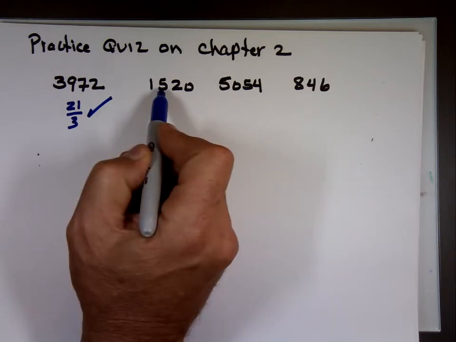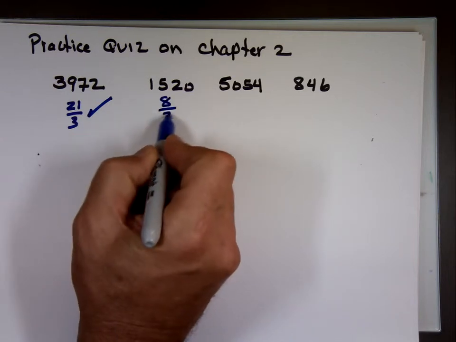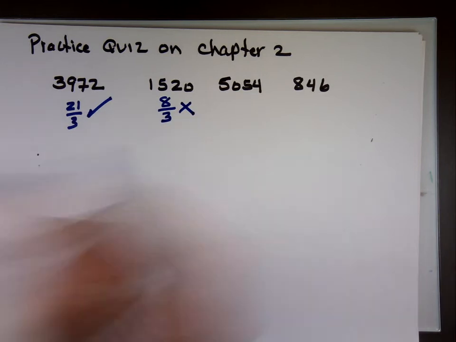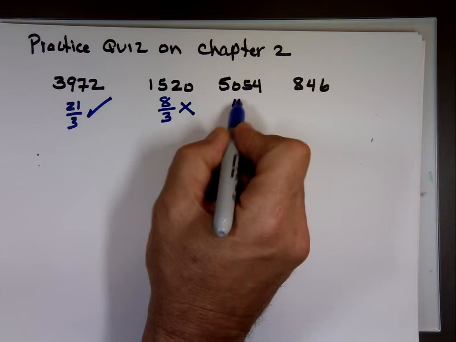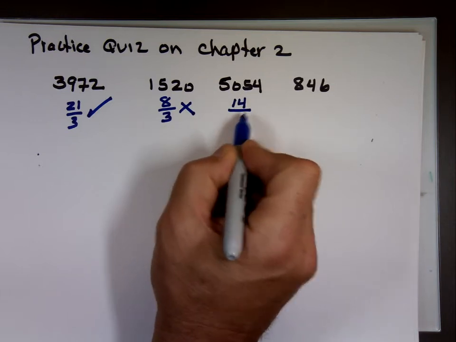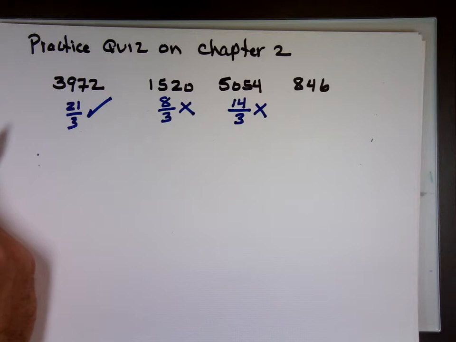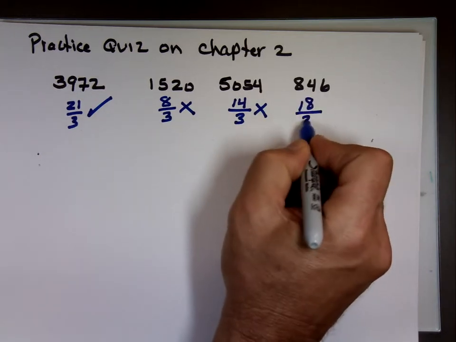1 and 5? 6 and 2? Can you divide 8 by 3? No. 5 plus 0 plus 5 plus 4. What is that? 14. Can you divide 14 by 3? No. This is 18. Can you divide 18 by 3?